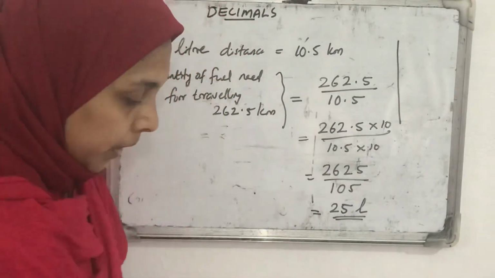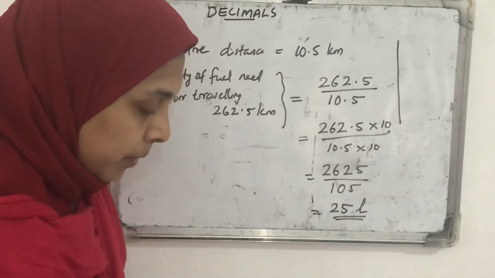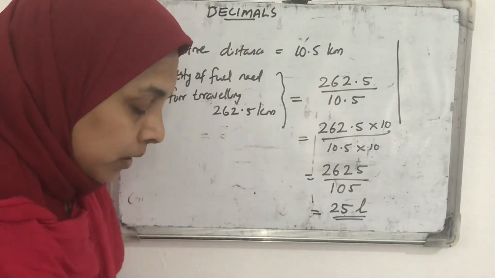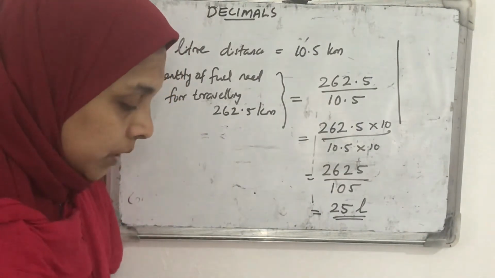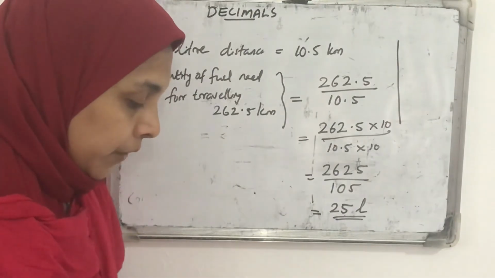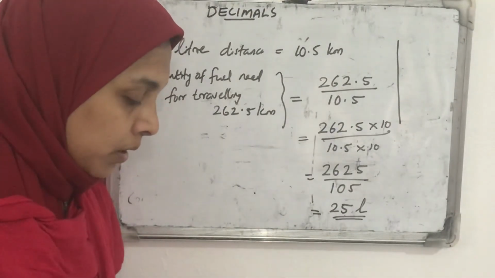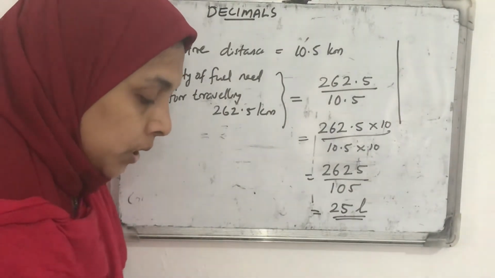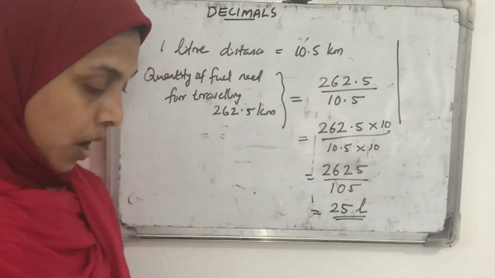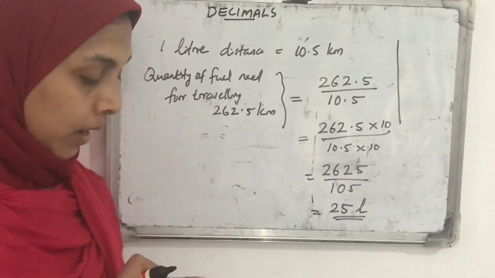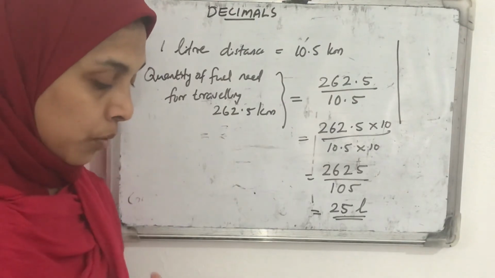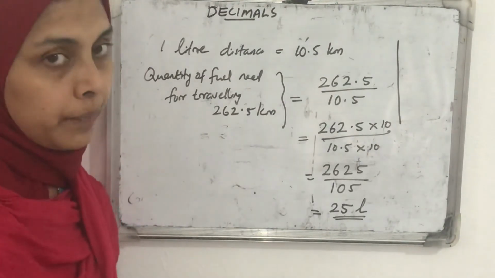That is question number 10. How much will a milkman earn by selling 12.45 liters of milk if he sells 1 liter of milk for 21 rupees and 40 paise? The milkman sold a total of 12.45 liters of milk.